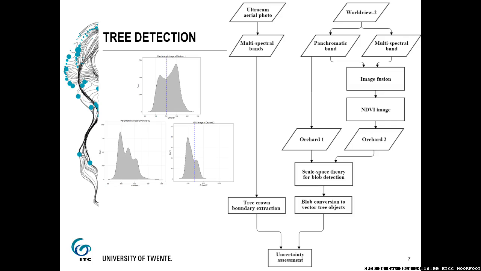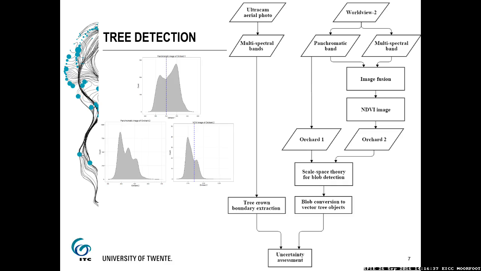For the second orchard, which is the walnut, we have a very complex spatial pattern, and also due to the sun illumination and shadows, we use the NDVI image. Here is the histogram of the panchromatic image of the second orchard, and this is the histogram of the NDVI image for the second orchard. As you can see, we have trees and non-trees in this image.